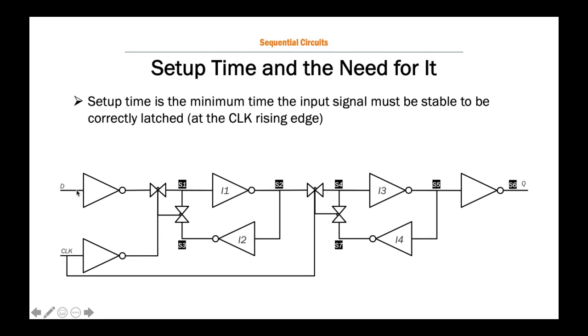We understand. However, that D at T0 will need some time to travel, right? So to travel here, then here, then here, until it comes in there. It takes some time.